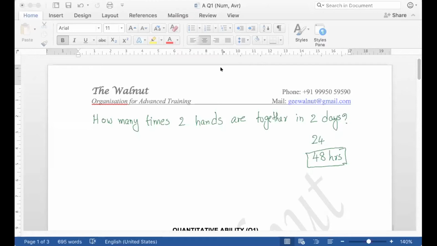It's not really mentioned, so it's a normal clock. If normal clock, it's a 12-hour clock. If it is a 12-hour clock, how many times are these two hands of the clock together in 12 hours? That's the best thing we can deal with. Just think about that first.